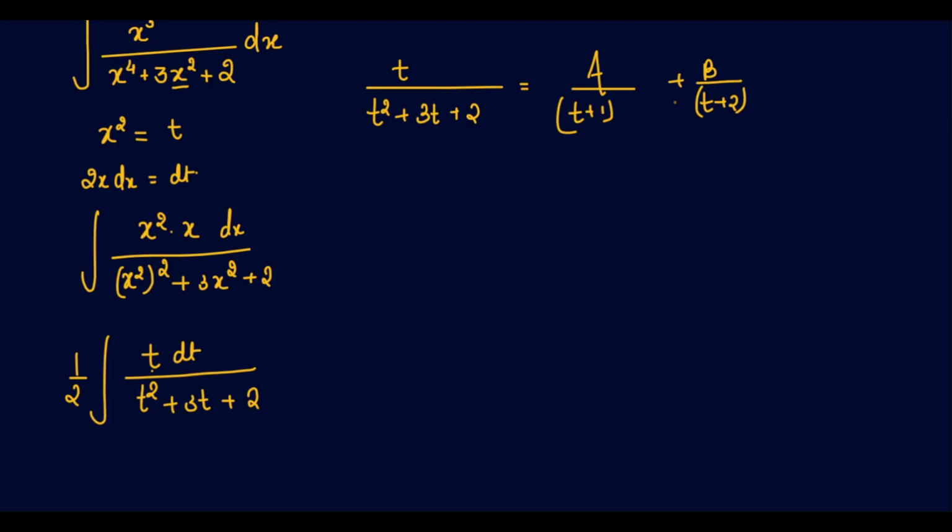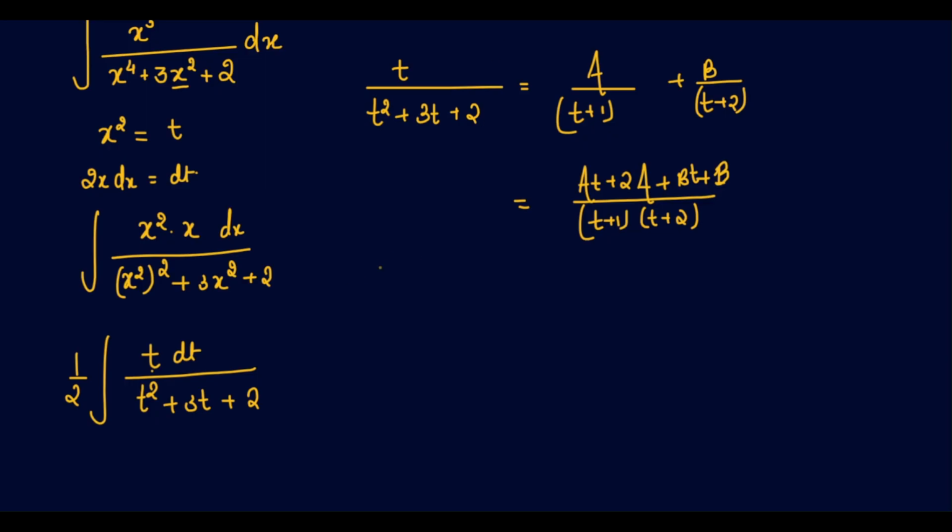We can write it in this form because t square plus 3t plus 2 will be written as t plus 1 into t plus 2. Now let's multiply it again. So t plus 1 and t plus 2, and here you will write at plus 2a plus bt plus b.